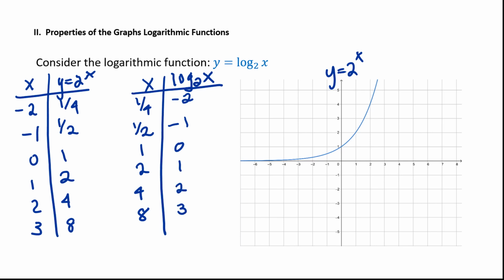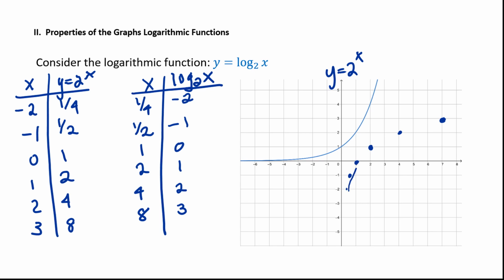Now let's plot those points. I'll start at 1, 0, 2, 1, 4, 2, 8, 3. And then going between 0 and 1, at 1/2, we go down to -1, and at 1/4, we go down to -2.